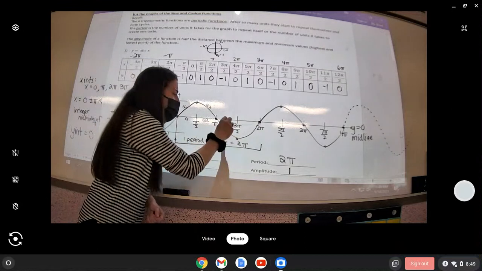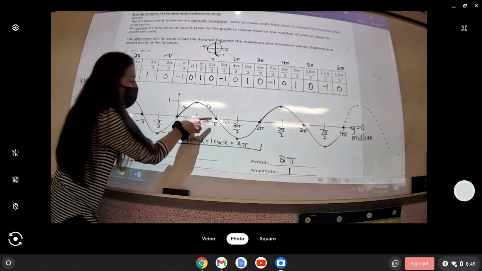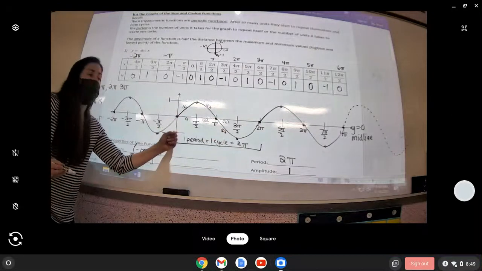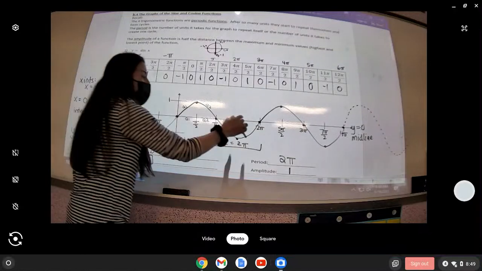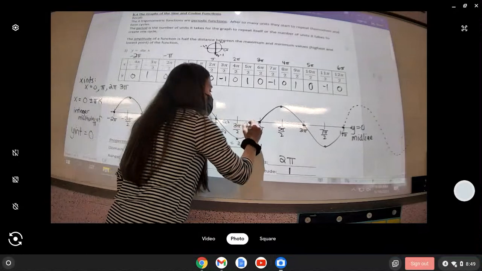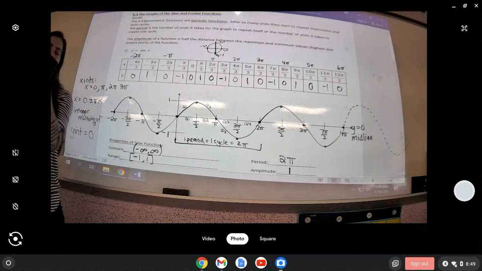From pi to 3 pi over 2, guys, that's quadrant 3. Those are quadrant 3 angles. And then this leg of the graph shows the quadrant 3 ratios. They're from 0 to -1. And then 3 pi over 2 to 2 pi, that's your quadrant 4 angles. So that's your 4th subinterval that we kind of cut this graph into.